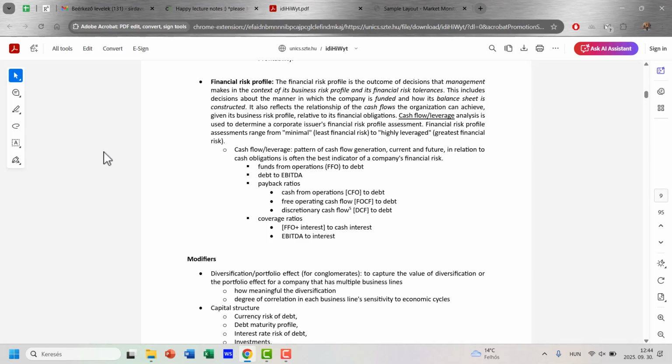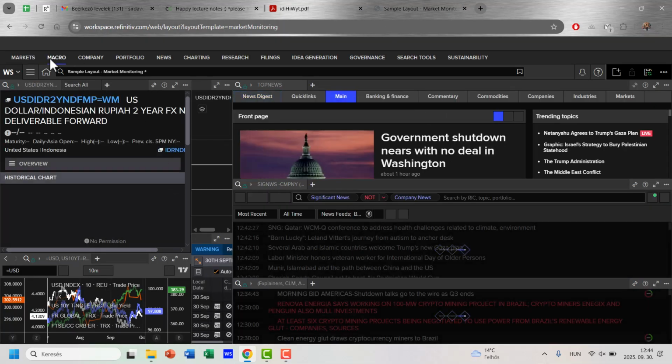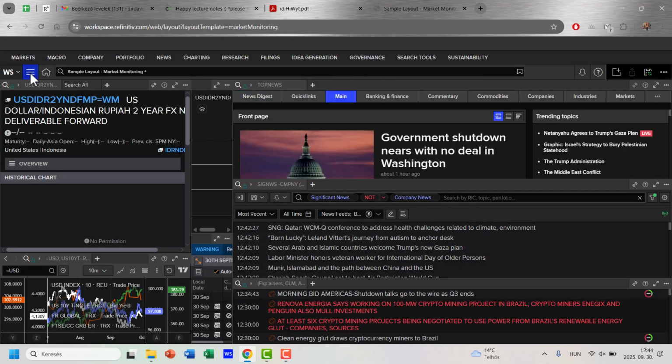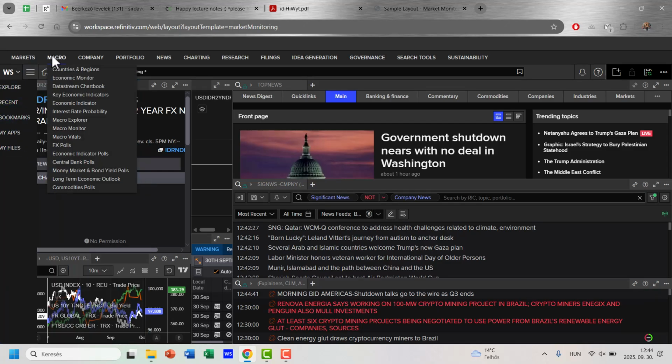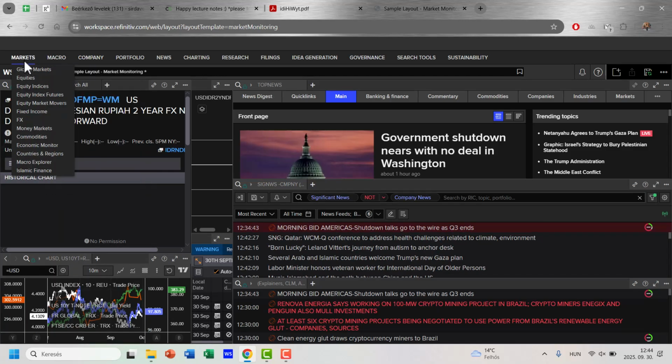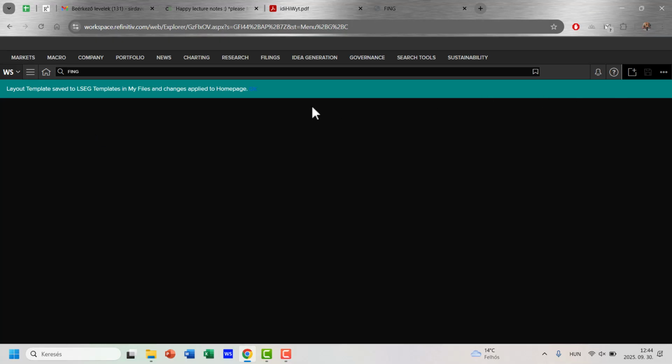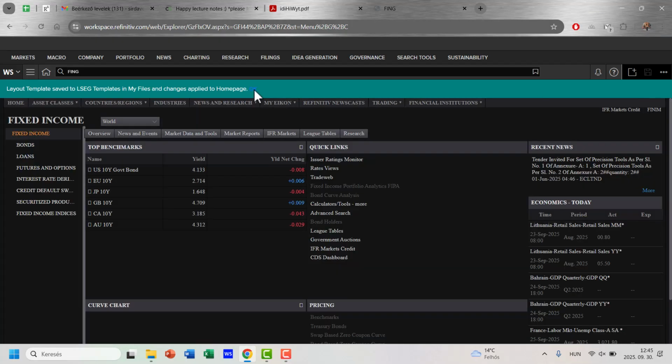So in this case, for this data, here, company, markets, and let's see how fast I can find this, because they moved it, so it's supposed to be in fixed incomes.